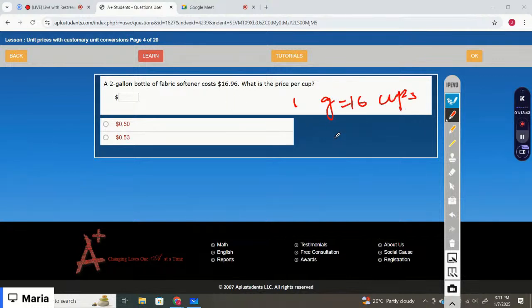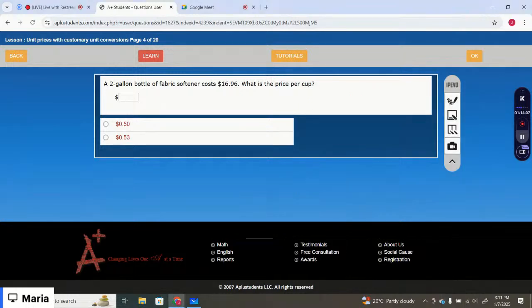So 2 gallons equal 2 times 16, that is 32 cups. So divide 16.96 by 32. That is 0.53. So the price per cup of the fabric softener is 0.53. Option number 2 is the correct option.